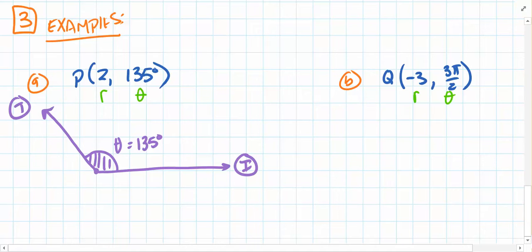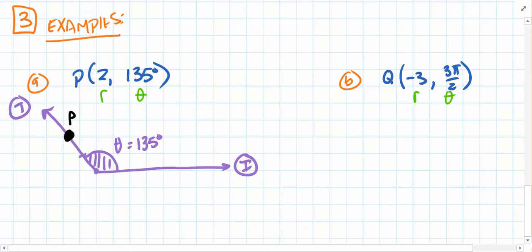So because R is a value of 2, which is positive, the point lies on the terminal side of my angle. So I go 2 units in the directed distance on that terminal side, and the point 2, 135 would be right here. That would be point P. You guys get it? Okay.